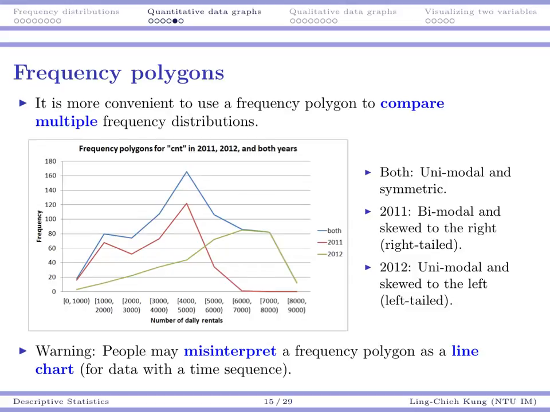So frequency polygons are good, but they also have one drawback, which is that people may misinterpret a frequency polygon as a line chart, which is typically for time sequences. When you see a curve or a few line segments like this, you somehow directly have an intuition that the quantity is going up and down and then up and then down.